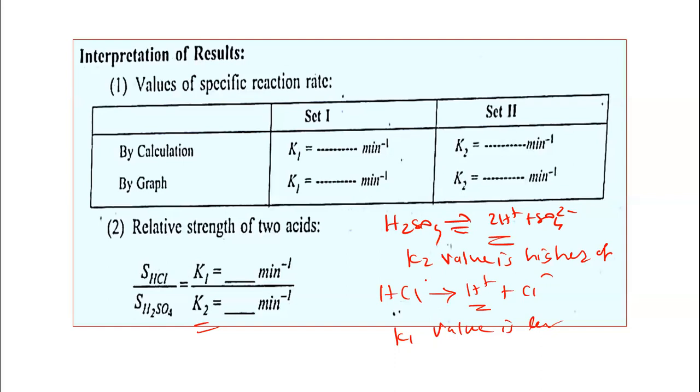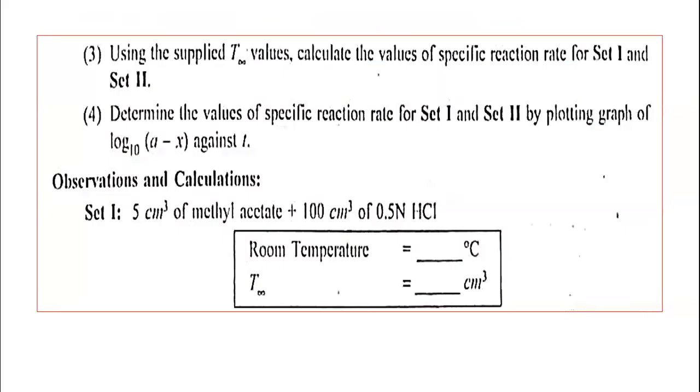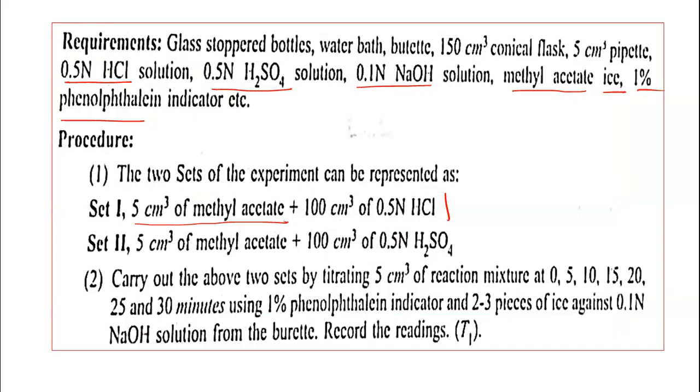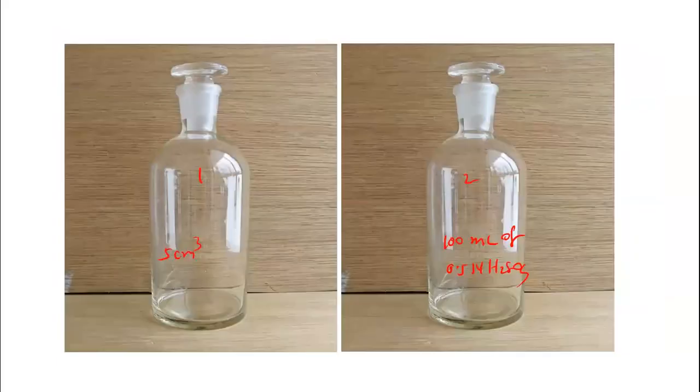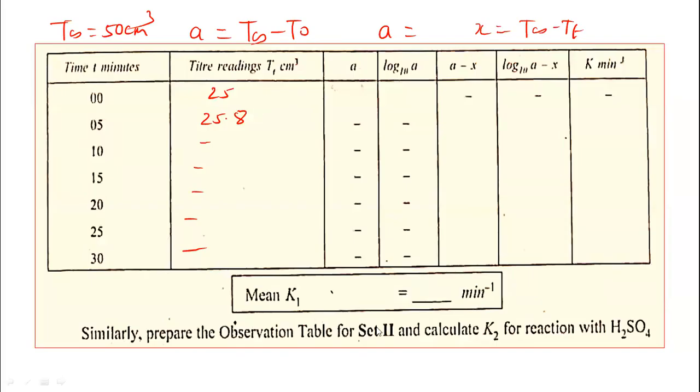For set 1 and set 2 the T infinity values are different.